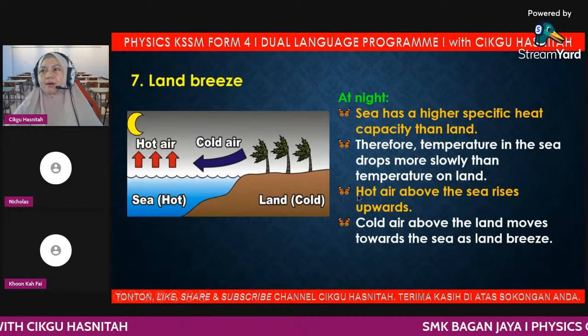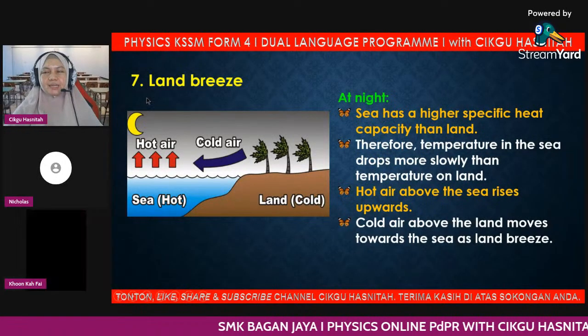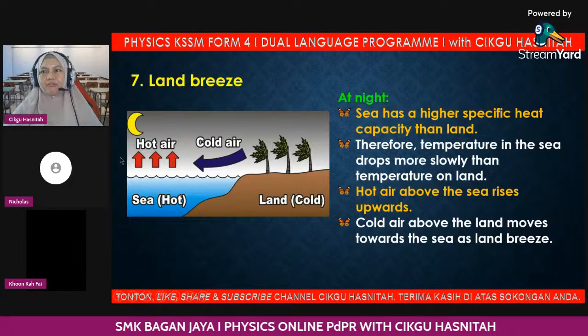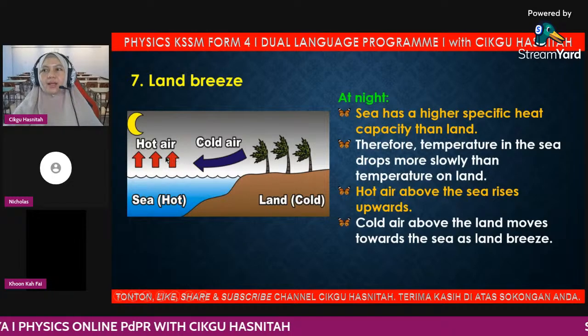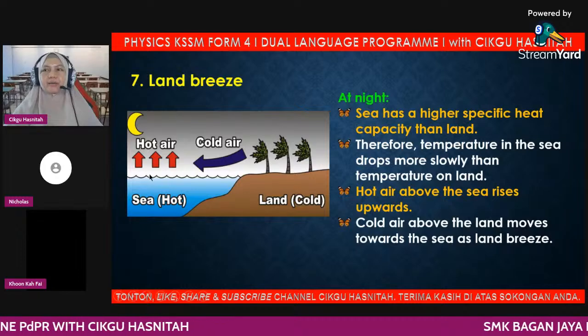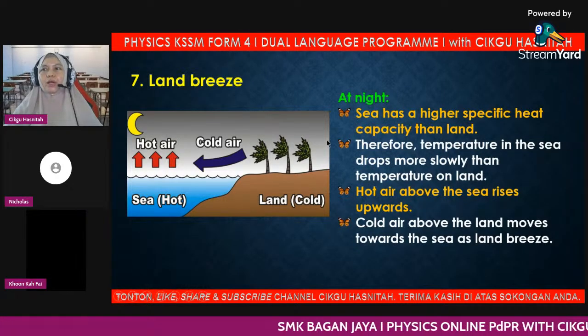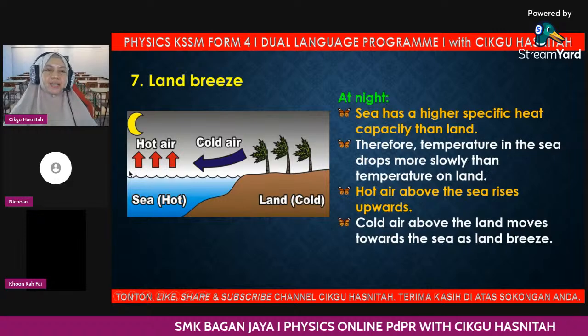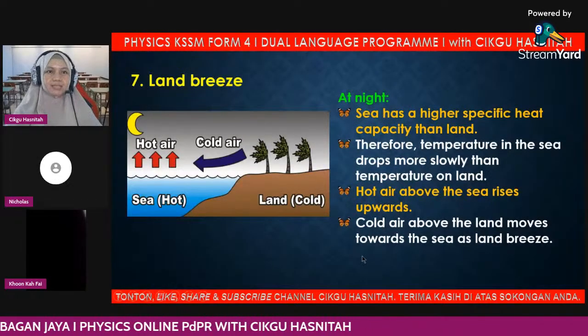So hot air above the sea is less dense, so it will rise upwards, and again will leave a partial vacuum region or a low pressure region. So what happened? The cold air from the land will blow towards the sea and we call it a land breeze.